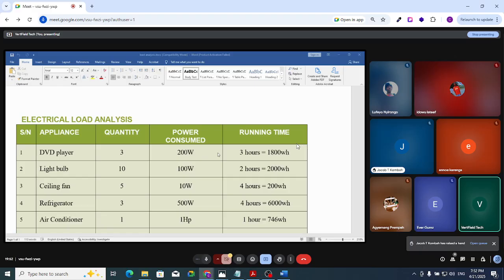So let us hit it. For a DVD player, it becomes what? 3 multiplied by 200 multiplied by 3 gives you 1800 watt hour. For the light bulb, 10 multiplied by 100 multiplied by 2 gives you 2000 watt hour. For the ceiling fan, 5 multiplied by 10 multiplied by 4 gives you 200 watt hour.